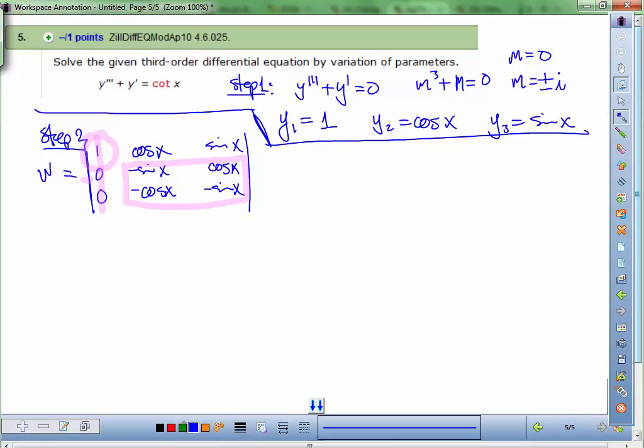Now, it's not that it's a shortcut. It's just that if you have 2 of the things in a row or a column being zeros, then you're going to choose to expand on that particular row. So basically, you have 1 times the determinant of the submatrix plus 0 times some other determinant plus another 0 times some other determinant, which we don't need to write anymore because they're zeros.